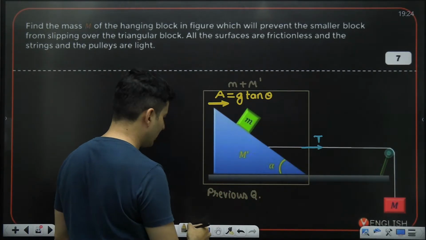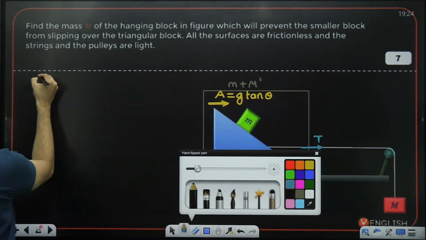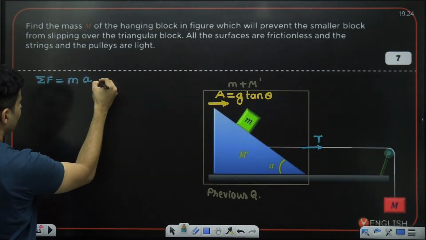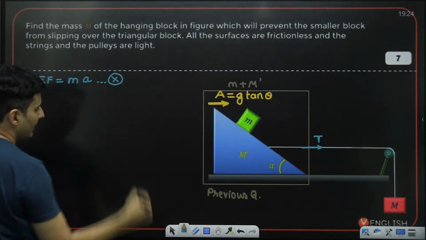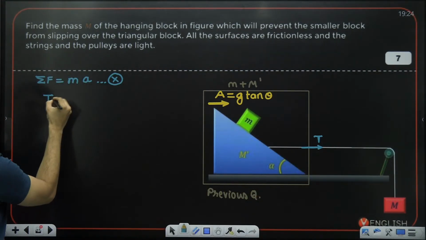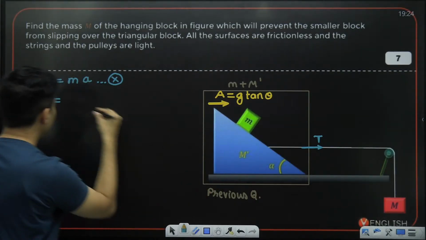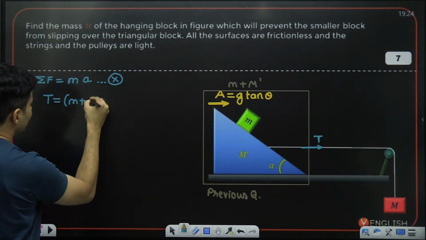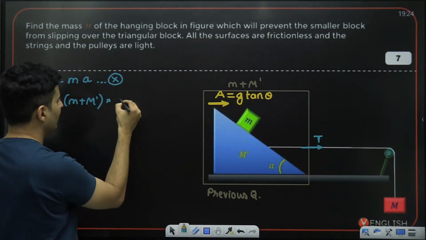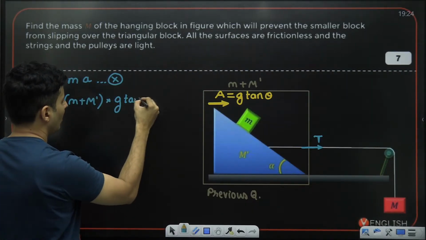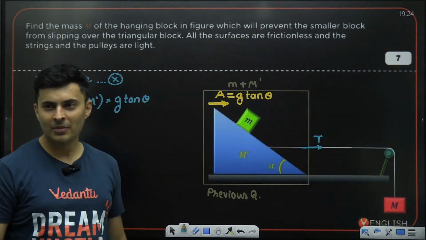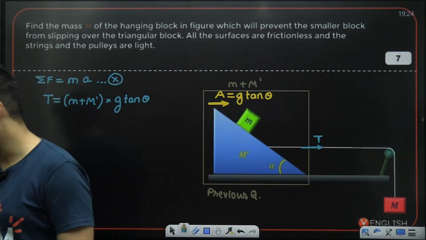So using Newton's law, net force is mass into acceleration in the x direction. The only force is the tension. The mass is m plus m prime, and acceleration is g tan theta. So we just got the value of the tension.